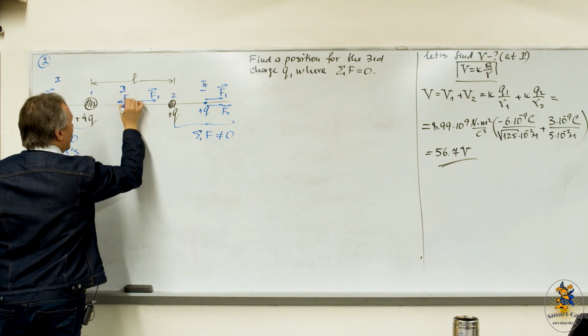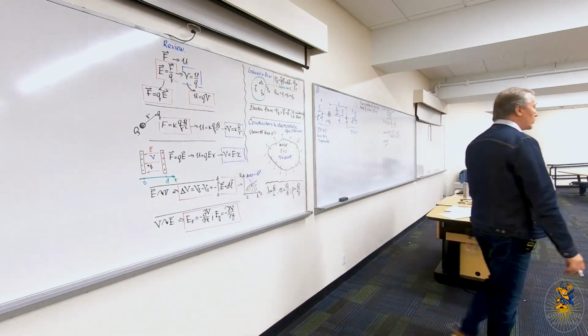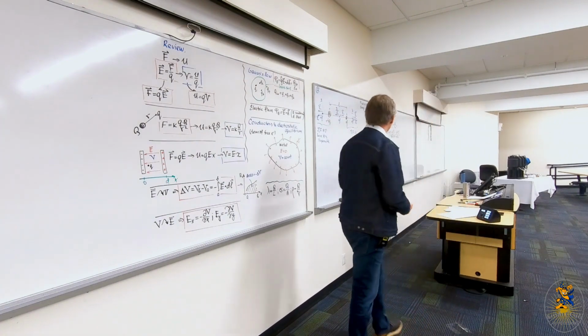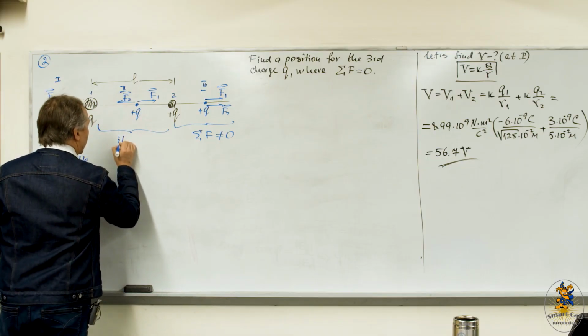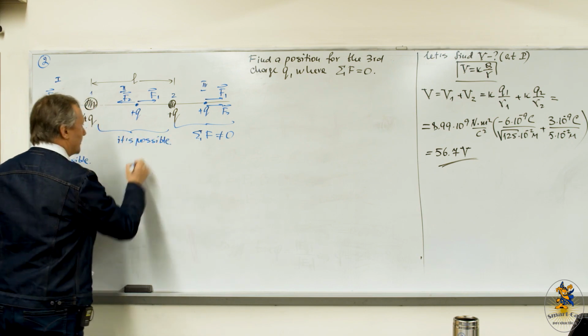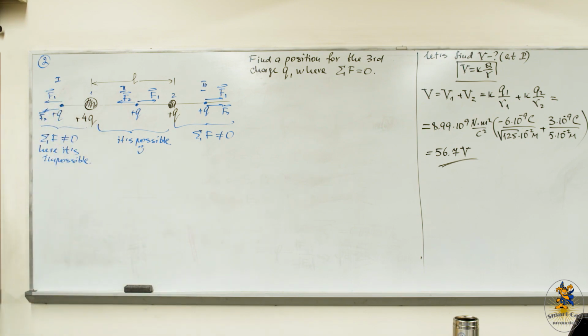So this will be F2. Directions are opposite, so it feels like we should be able to find the spot where the net force equals to 0. Right? So it is possible here. So now we just need to actually calculate that spot.